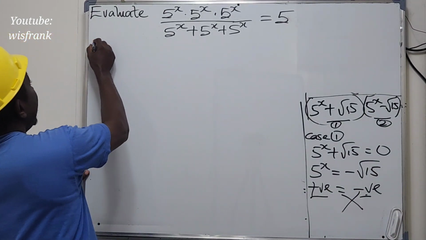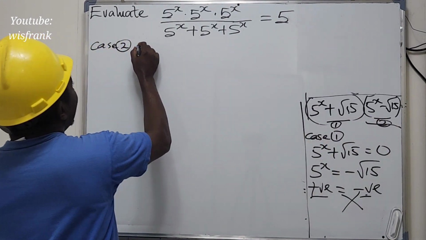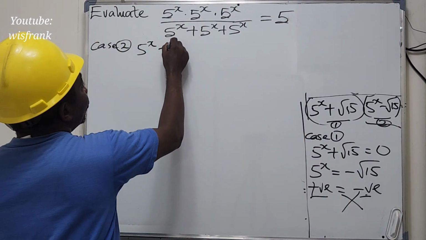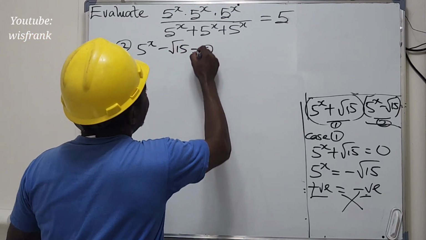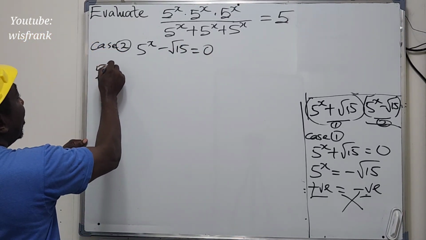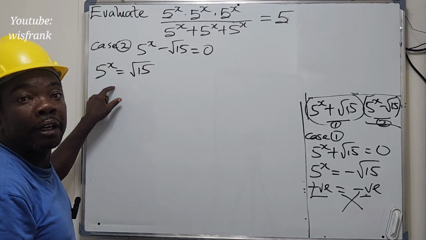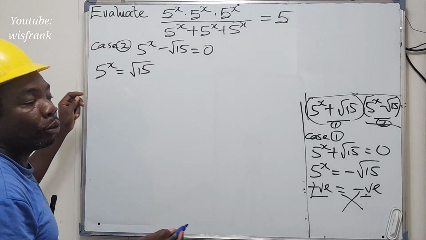So here we have case 2, where we have 5^x minus root 15 equals 0. In this case, we can transpose this to the other side. We have 5^x equals root 15. For us to find the value of x here, we need to introduce log to both sides.